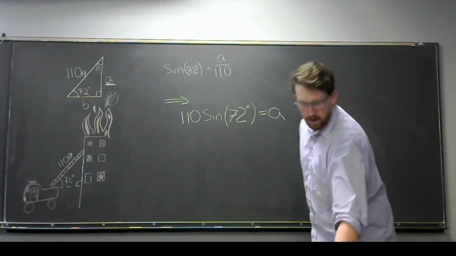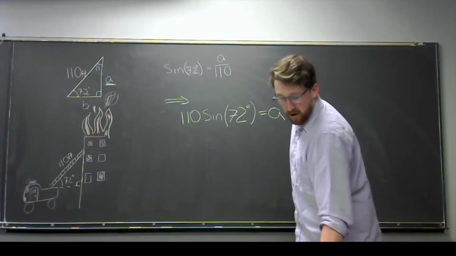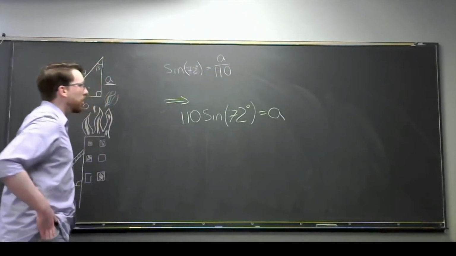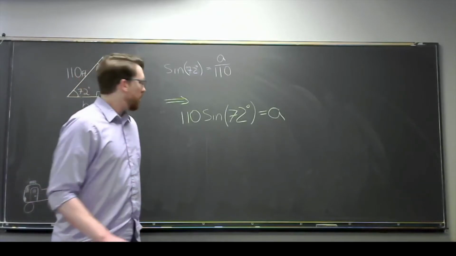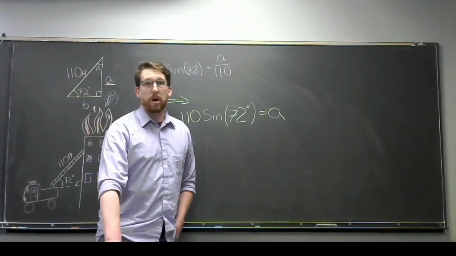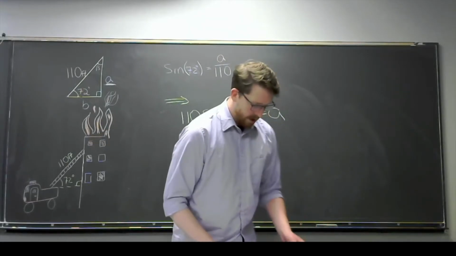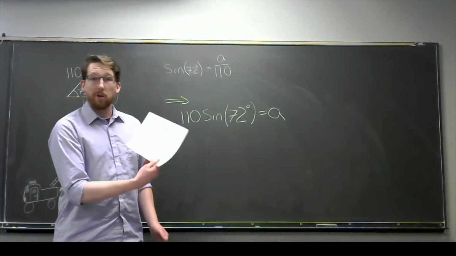All right, well, because I don't know what that is, I don't know what the sine of 72 is. I know approximately where it's at, but I don't know the actual number. We're going to type it into our calculator, or look at our solution key.